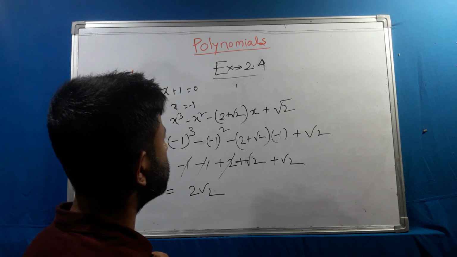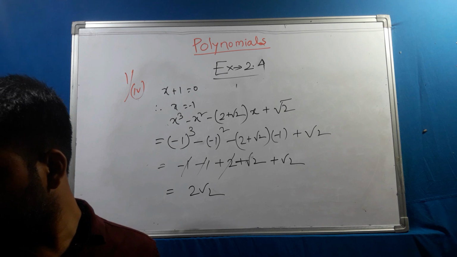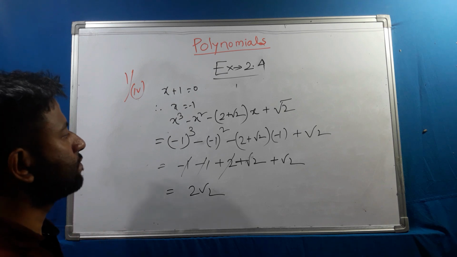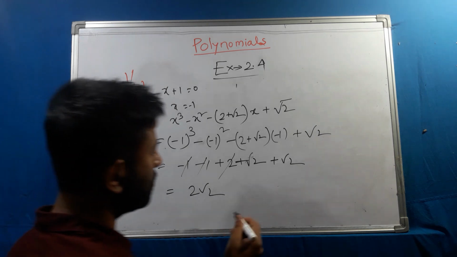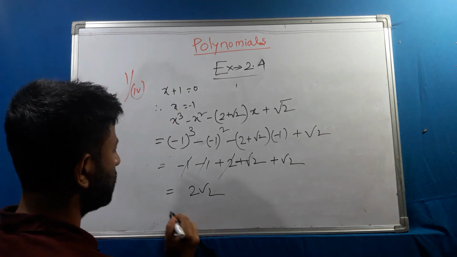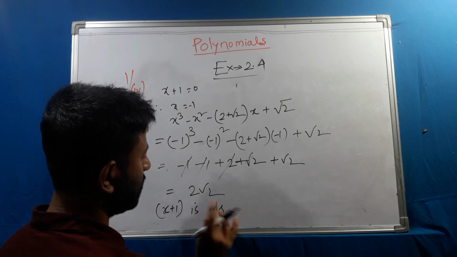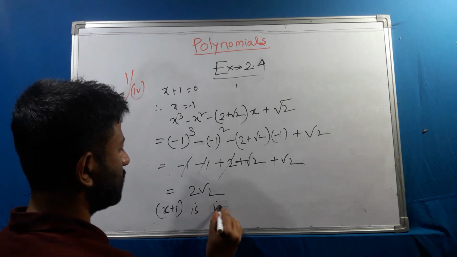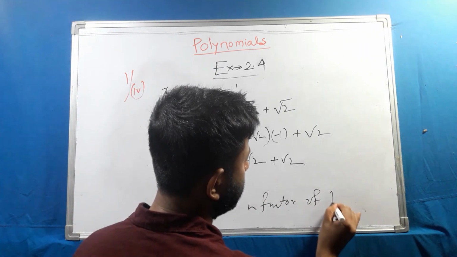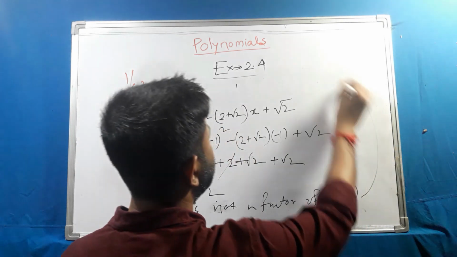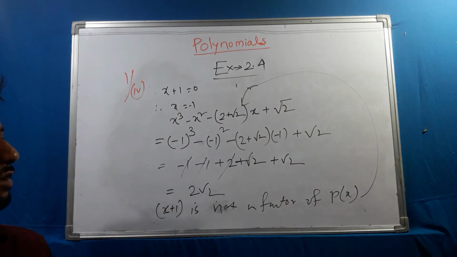This means plus 2 plus 2. Okay, so this is also not a factor. So x plus 1 is not a factor of px. Okay, it's not a factor of this.